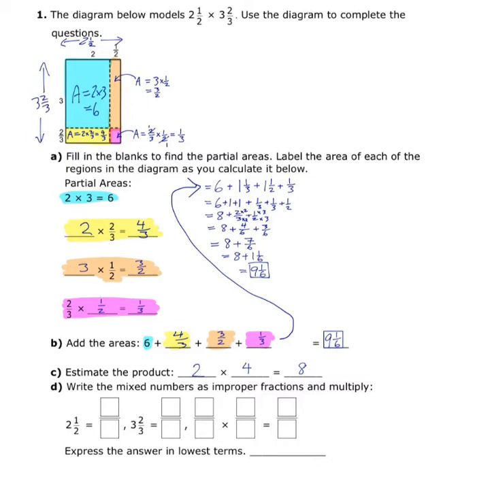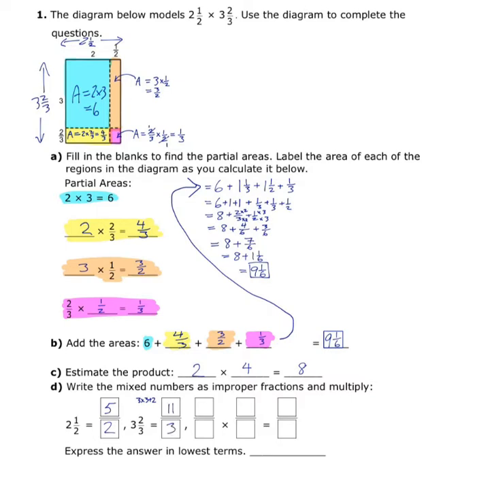So if we take the 2.5 and we write it as 5 over 2, so recognizing that in each whole there are 2 halves, so 2 times 2 halves gives us 4 halves plus 1 more half, that's 5 halves. And then recognizing that 3 2/3 is 3 times 3 plus 2, so that'd be 9 plus 2, 11/3.